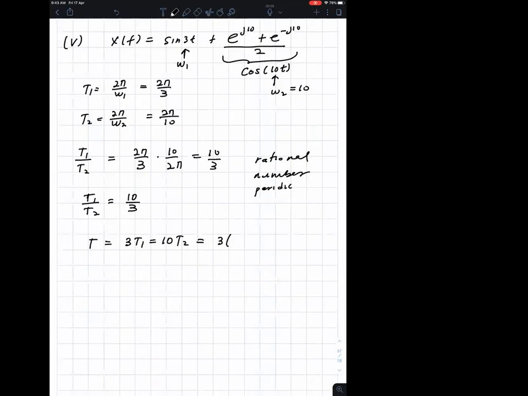You get the same answer also, right? 3T1 = 2 pi over 3 is equal to 10 T2 = 2 pi over 10. So both are giving you the period to be 2 pi. This is the fundamental period.